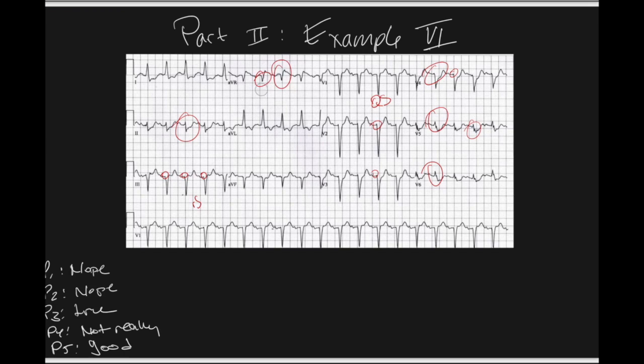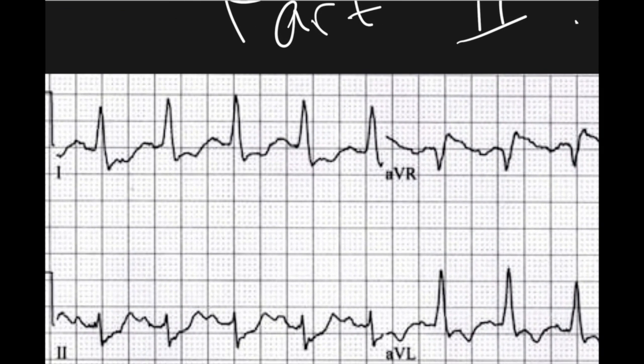But we still have some things wrong. Some things popped up in our quick little analysis. So let's dive a little deeper and see what we find. So as usual, we go to lead 1. And we know we should have an upright P wave, which we do. It looks like we have a little slurring, so we'll say question delta wave.